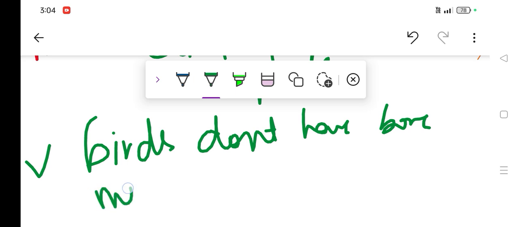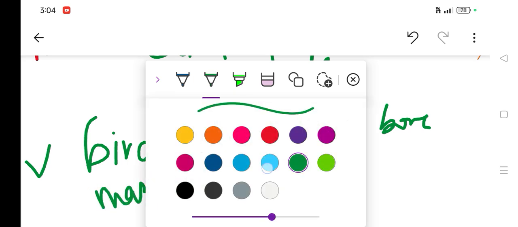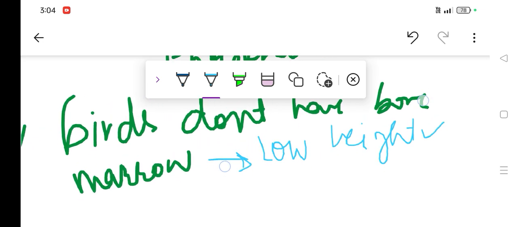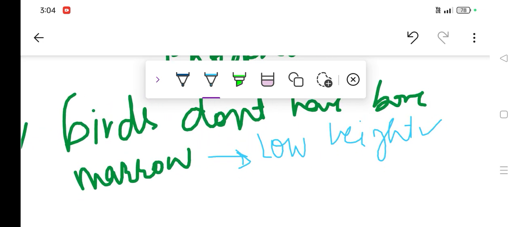That's because they always fly in the sky, so they need to have very low weight so that they can move in the upper layer of the sky. So almost every bird doesn't have yellow bone marrow, and they are called nomadic. This means they don't have bone marrow.